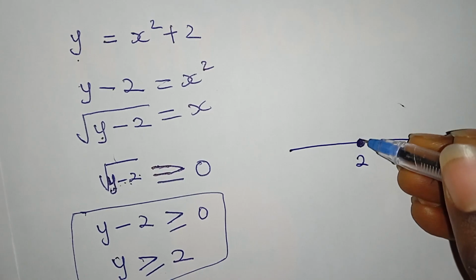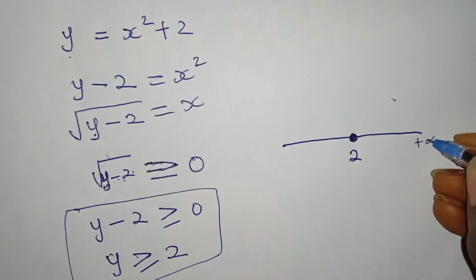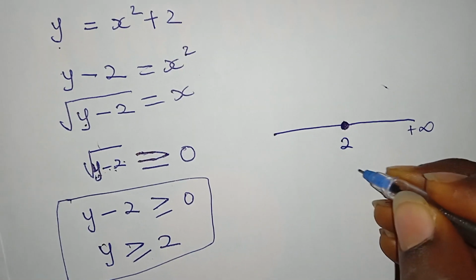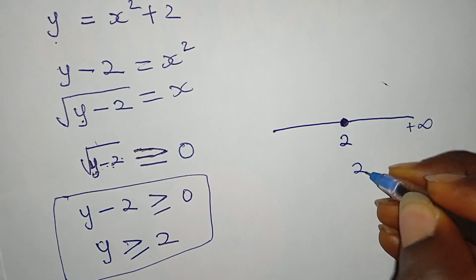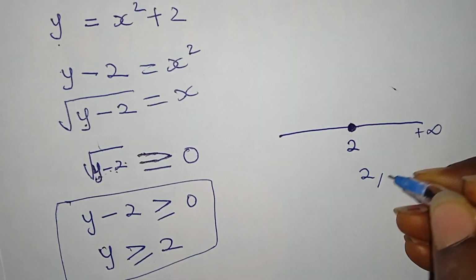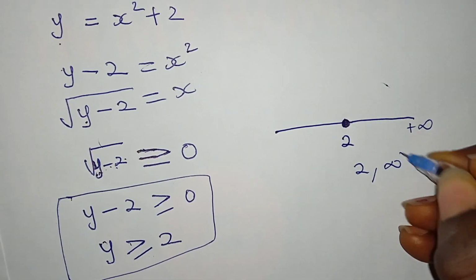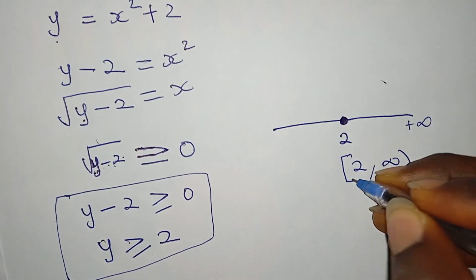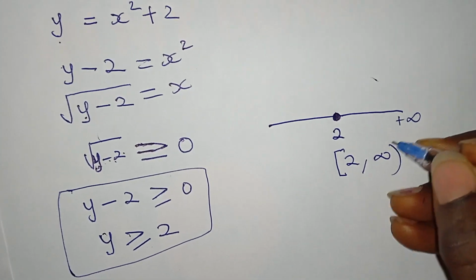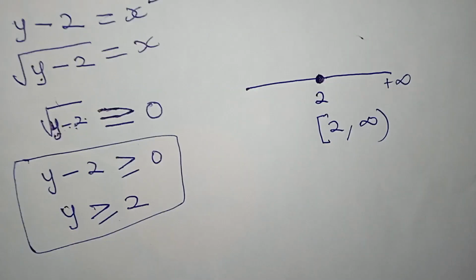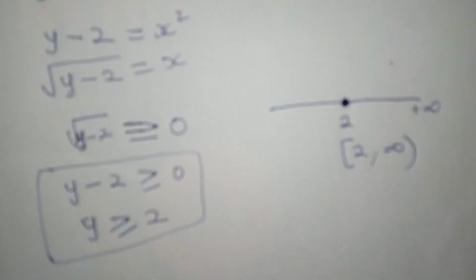Assuming 2 was not included, it will be open. So let's say this is positive infinity. So the range of values, interval notation, is simply 2 and infinity. This is a bracket for it, then a parenthesis open. Now this is the interval notation.